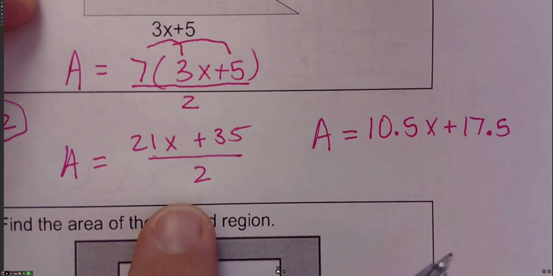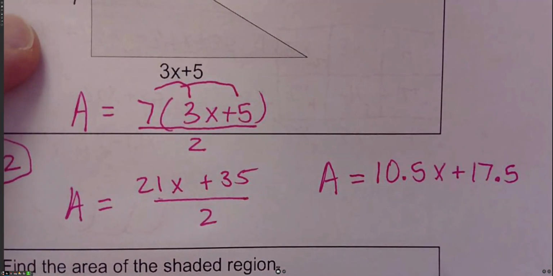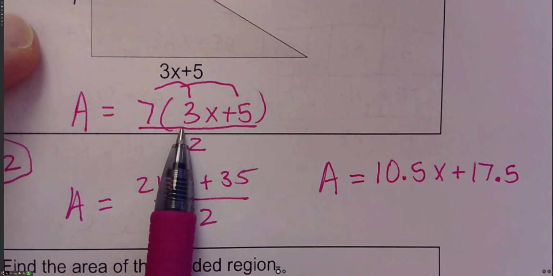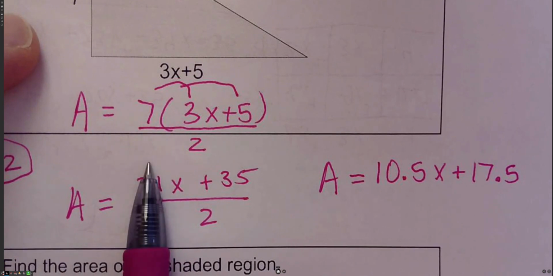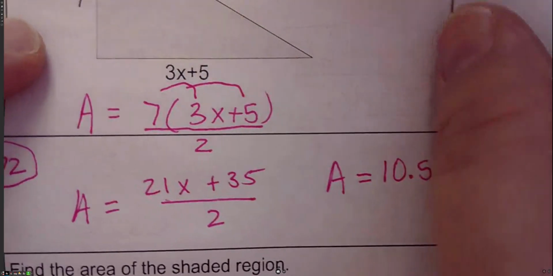Yeah, I'll just do the first one. But the reason I showed you different ways is because online, it might ask you to just set it up and leave it like this. You know, give me an answer without distributing. Or what if we distributed it in and got rid of the parentheses?